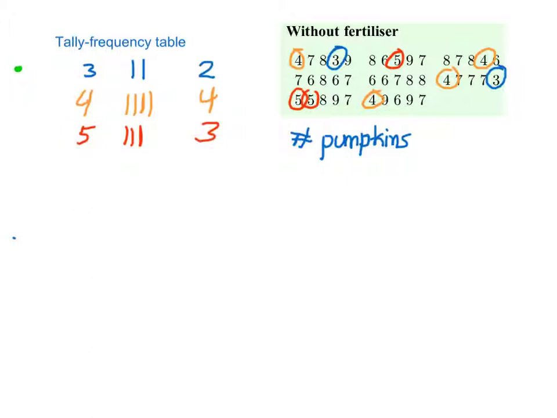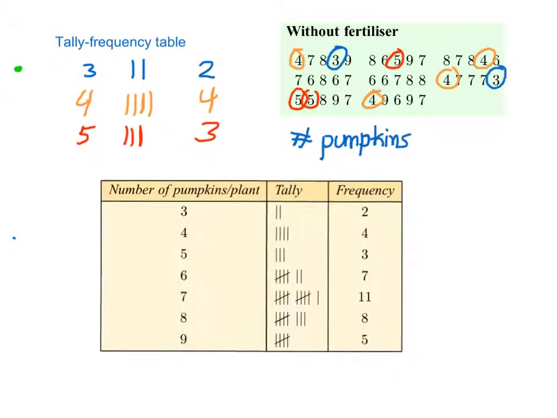And if I do that and organize it in a table, I should get something that looks like this. Notice I have the discrete variable on the left, which in this case is the number of pumpkins per plant. The middle column is my tally, or the number of tick marks per occurrence of each of these values. And on the right is just the numerical value of the number of tick marks. And that's my frequency.